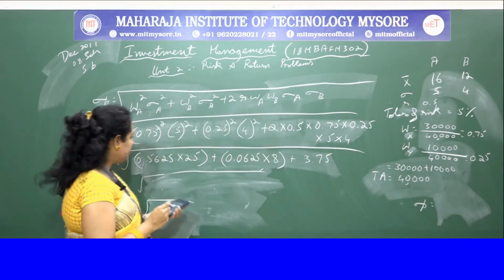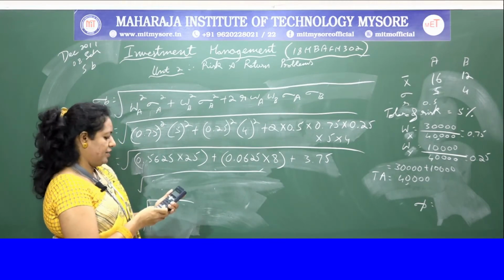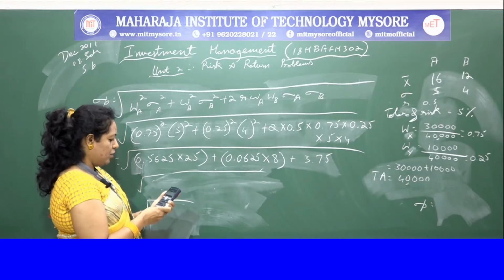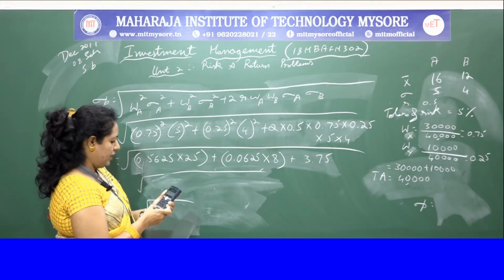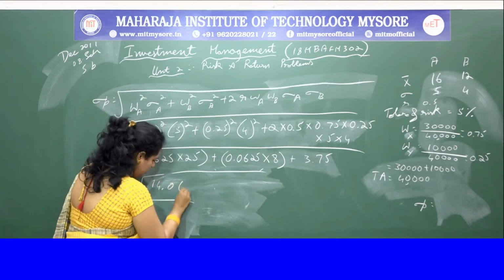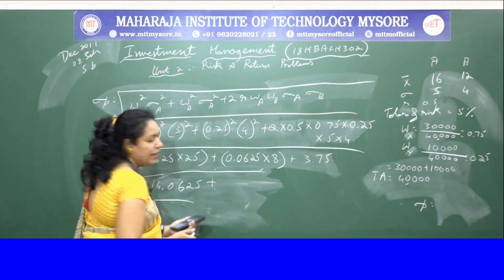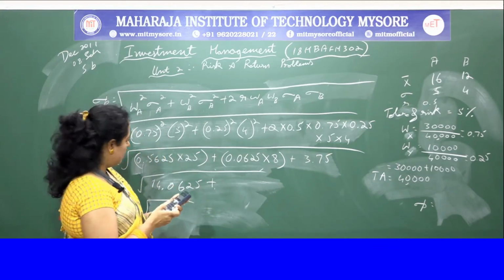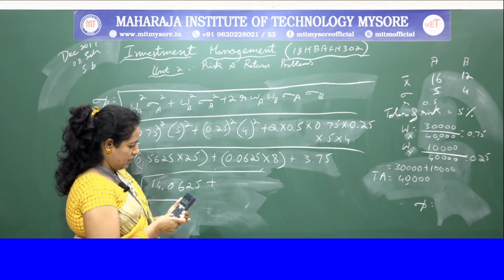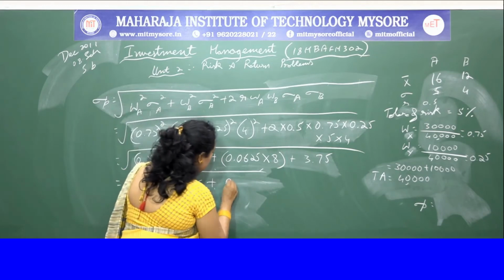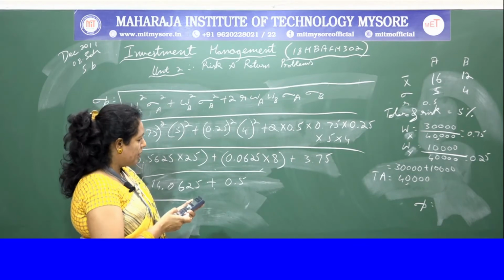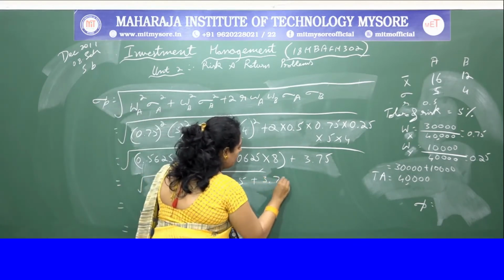Now again the multiplication starts. 0.5625 into 25, you get 14.0625, plus the next set, 0.0625 into 8, is 0.5, plus 3.75.